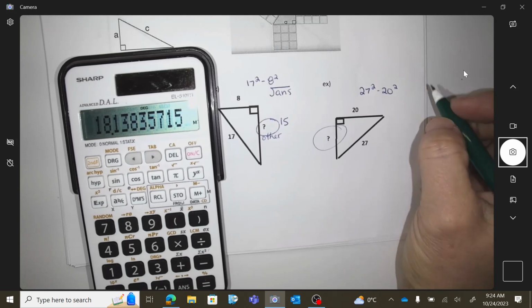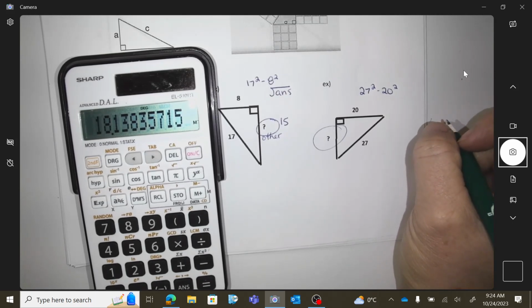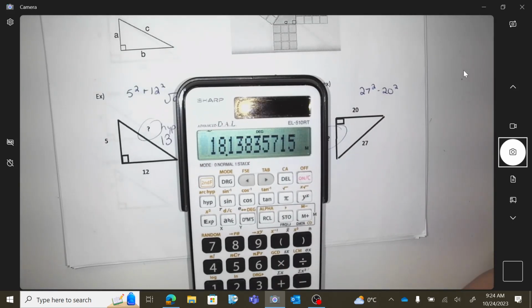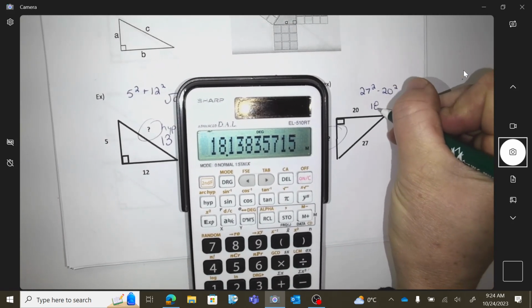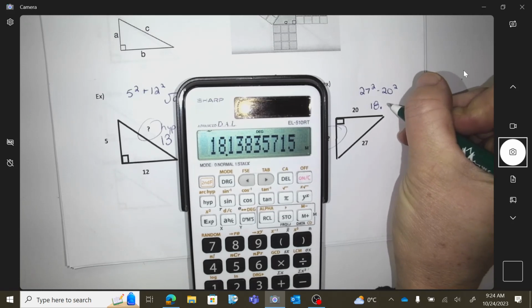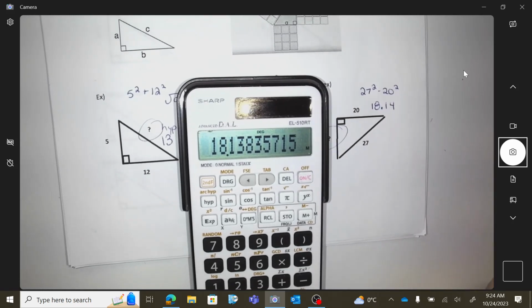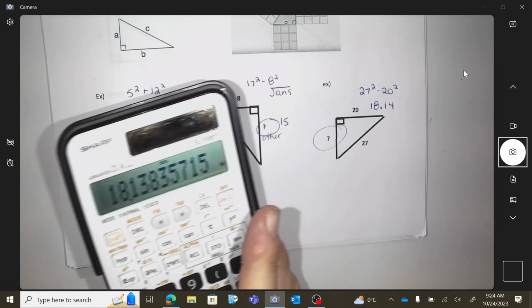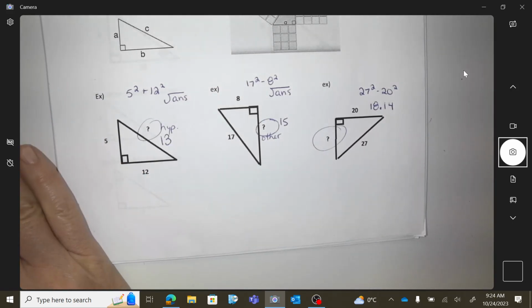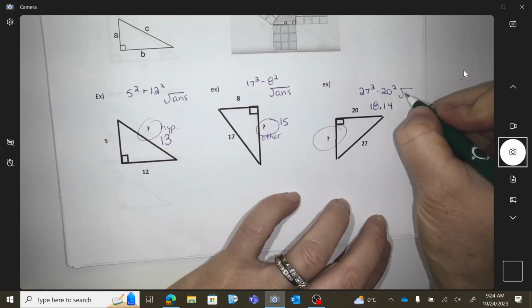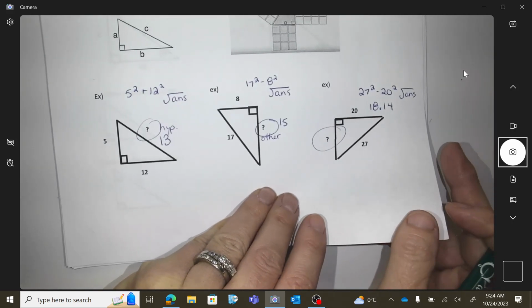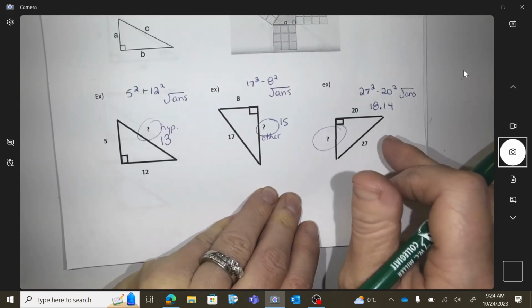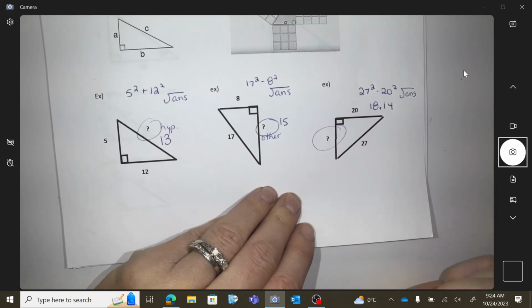So I want you to write that to 2 decimal places. So you're going to have to do some rounding. So 18 point what? 1, 4. So yeah, when it's not a nice number, go to just 2 decimal places on it then.